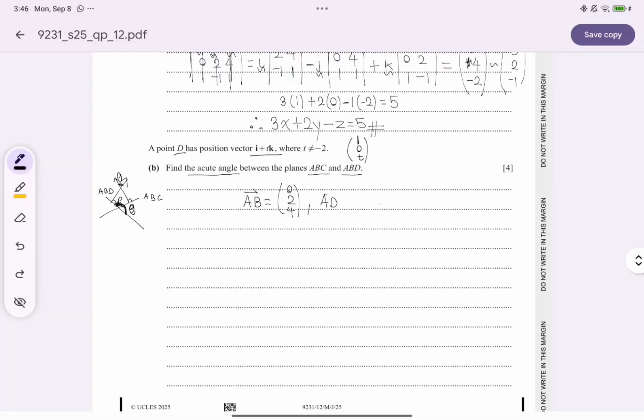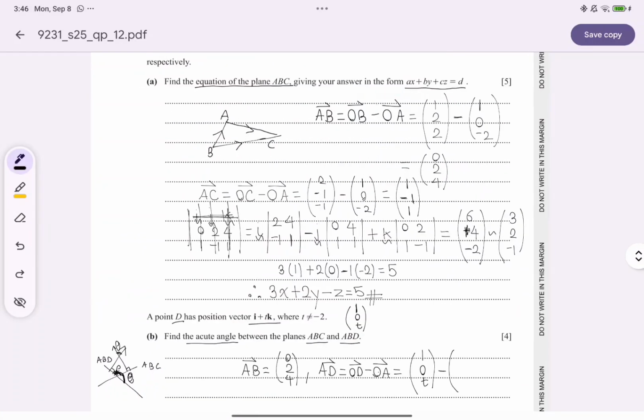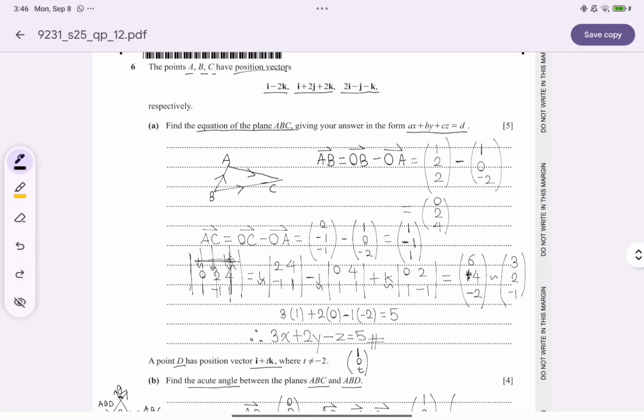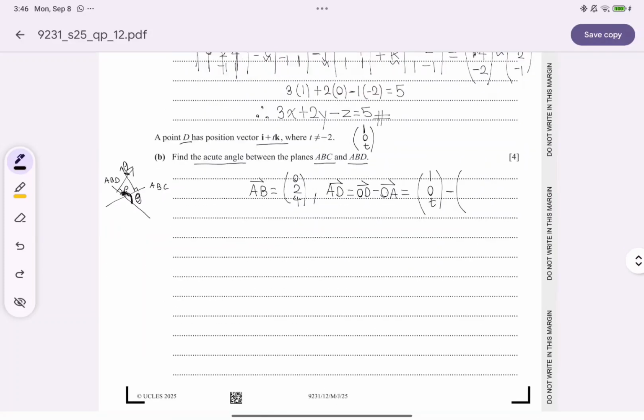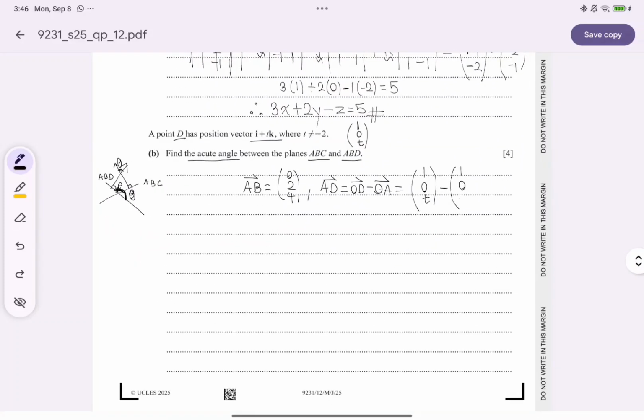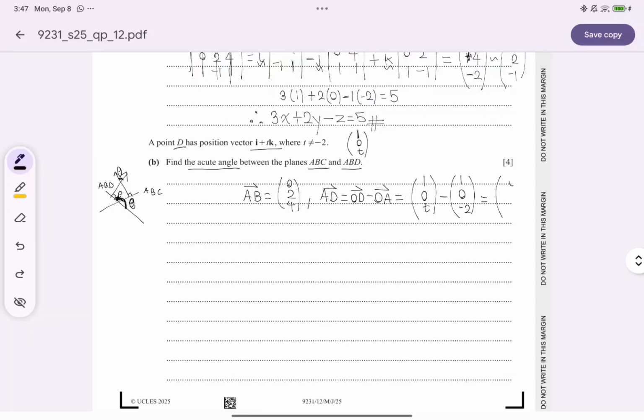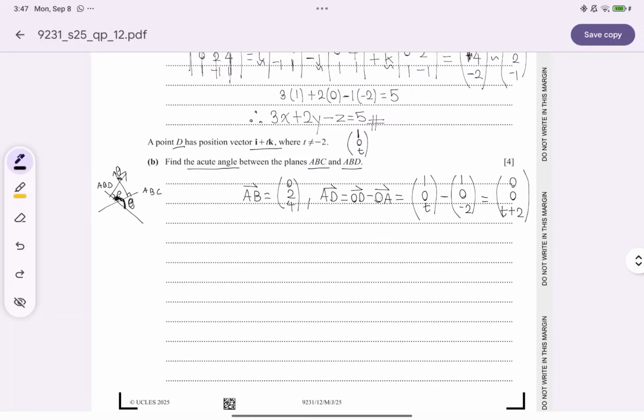And we have to find the other one, AD, which is just OD minus OA. So OD is 1, 0, t minus OA, which is 1, 0, minus 2. This would give us 0, 0, t plus 2.